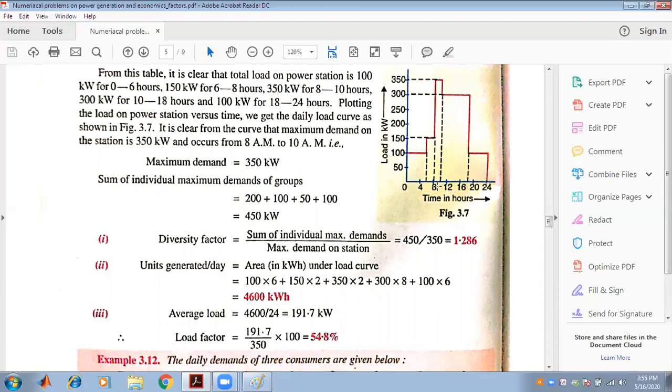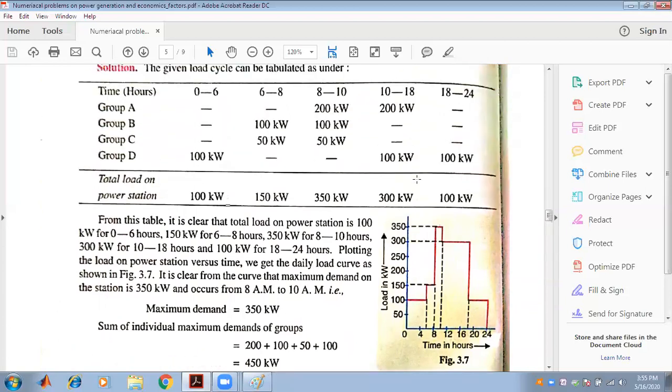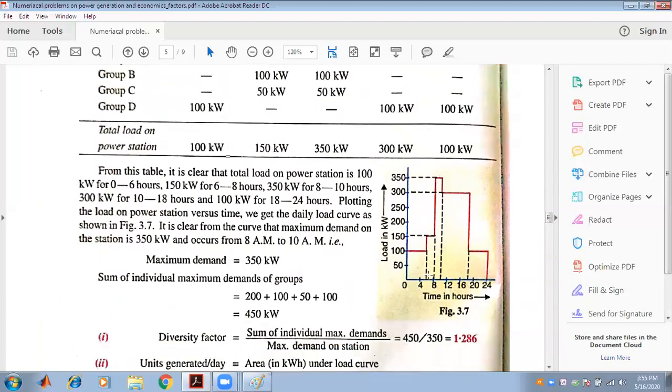You can easily draw the load curve. Again, this load curve is given from 0 to, this totally depends upon you. They have drawn it in a different way.